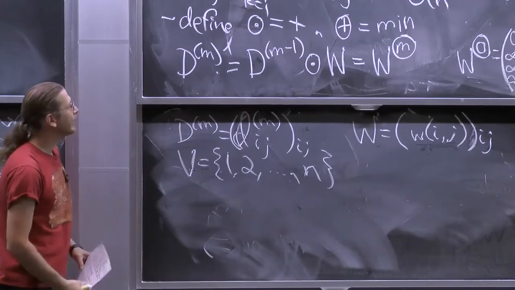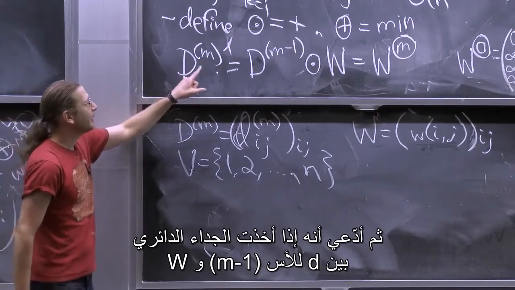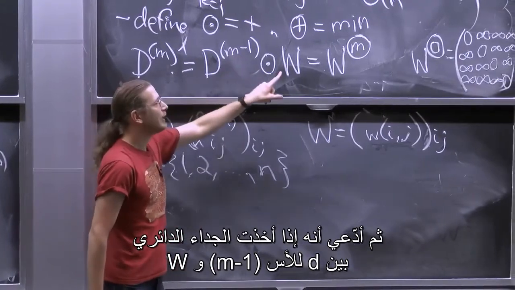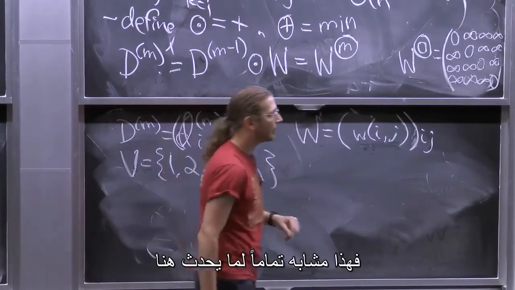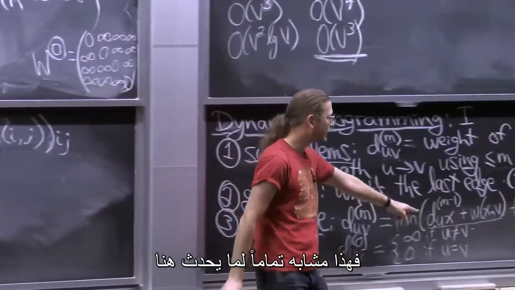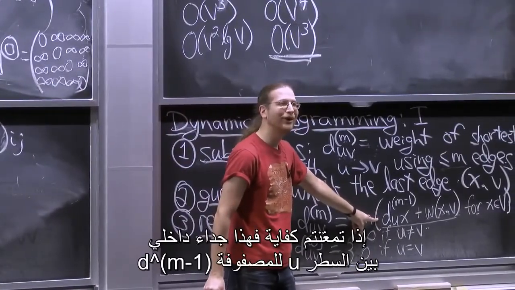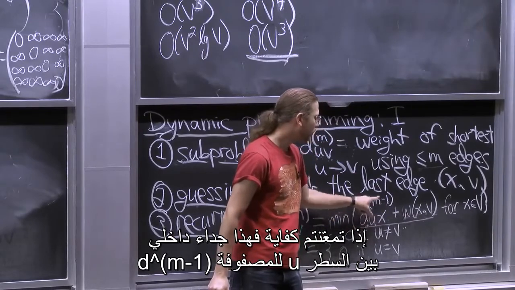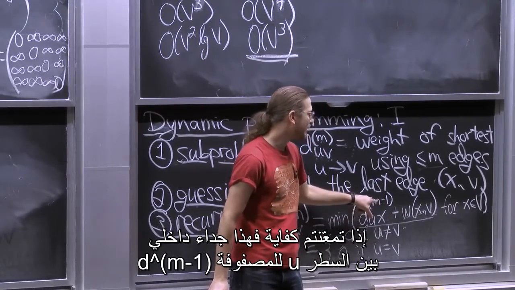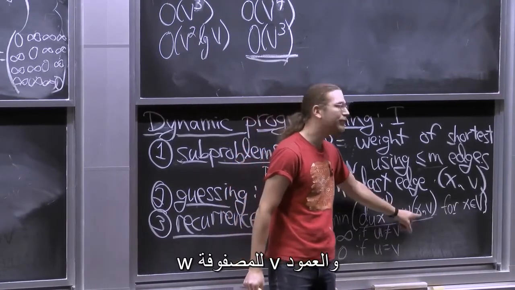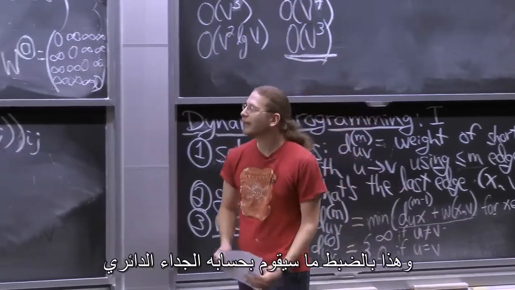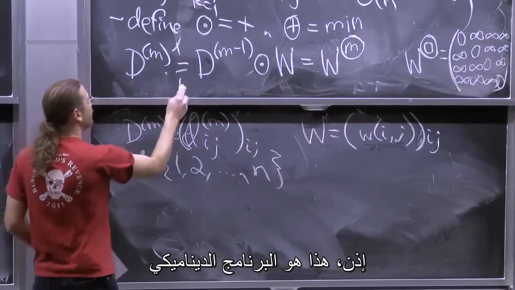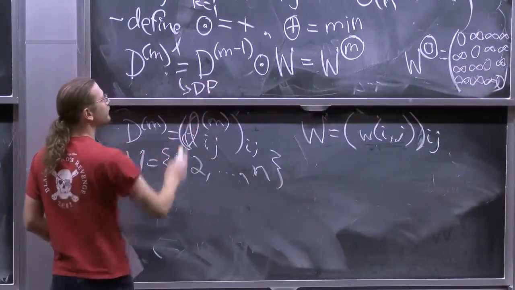Then I claim that if I take the circle product between D^(m-1) and W, that is exactly what's happening here. If you stare at it long enough, this is the inner product between row u of D^(m-1) and column v of W. And that's exactly what this circle product will compute. So this is the DP.